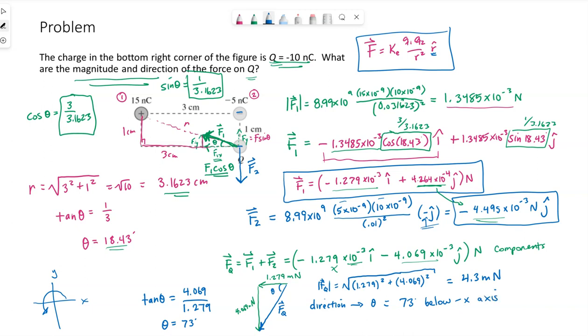That would describe specifically where that angle was. Or we can add 180 degrees, which is 253. So approximately 250 degrees, that would be an appropriate way of describing the direction.